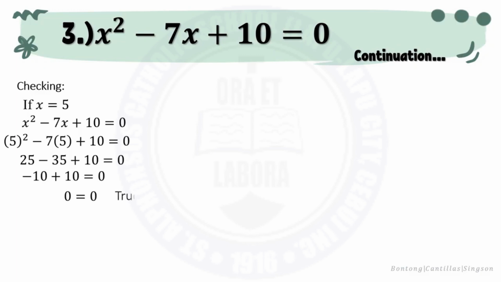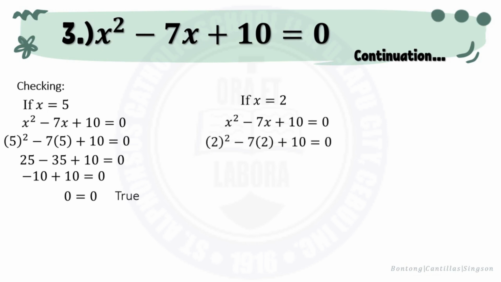So this is true. Next, if x is 2, write the given and substitute the value, which is 2. So you have 2 squared minus 7 times 2 plus 10. Do it term by term. 2 squared is 4. Minus 7 times 2, that's minus 14.